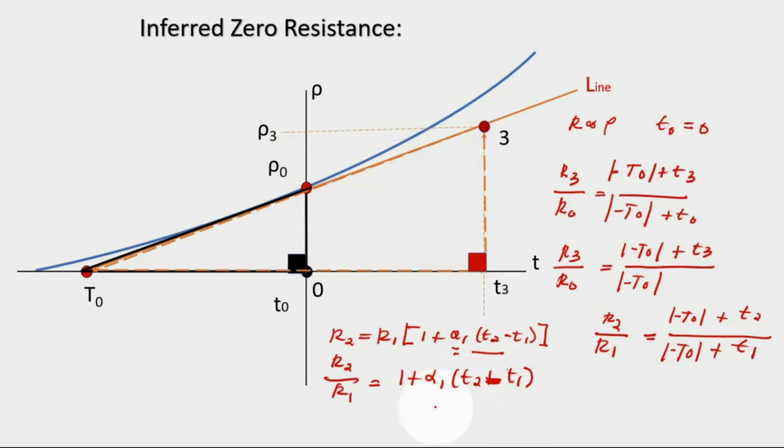So therefore if you are to substitute this equation to here, it will give you 1 plus alpha 1 times T sub 2 minus T sub 1, which is equal to the absolute value of T sub O plus T2 divided by the absolute value of T sub O plus T sub 1.